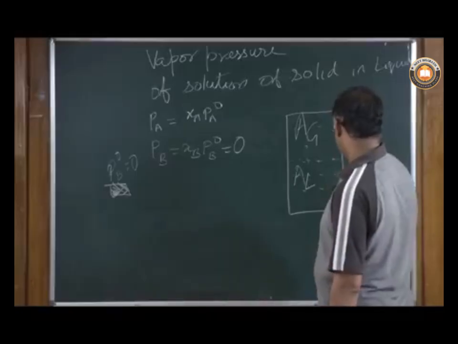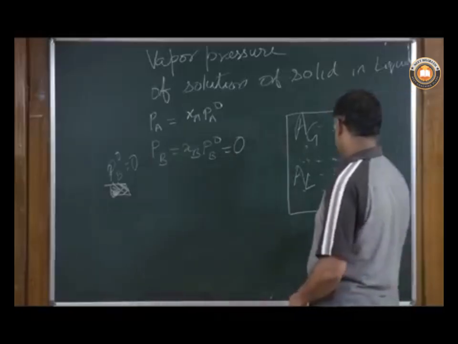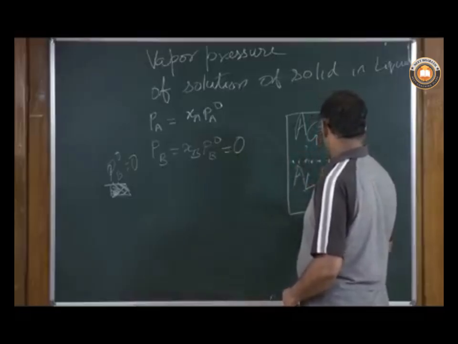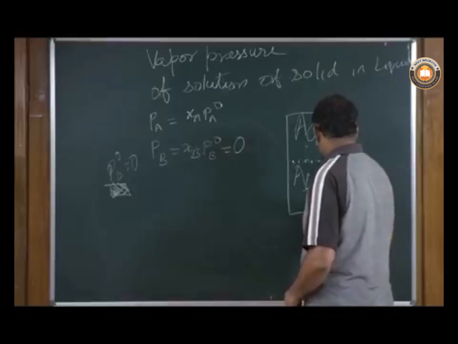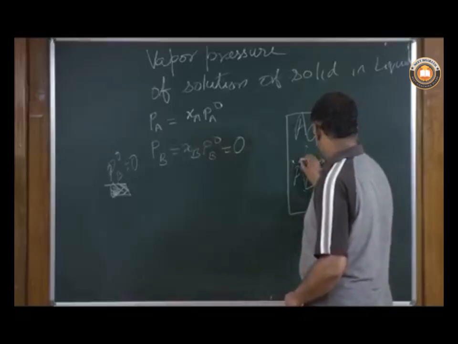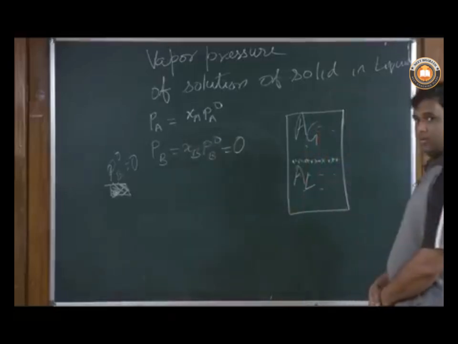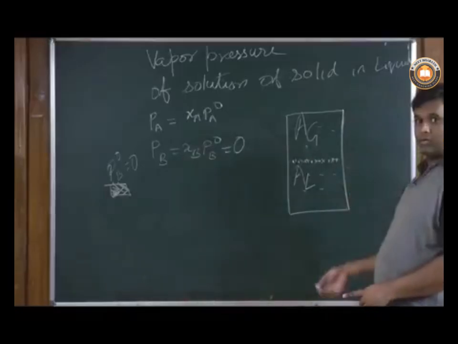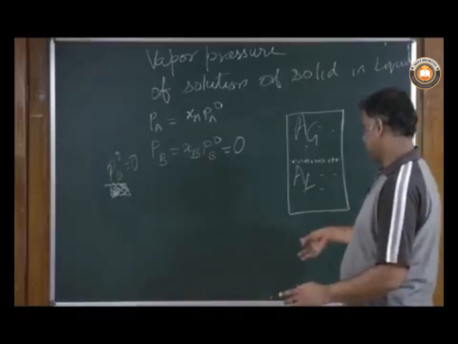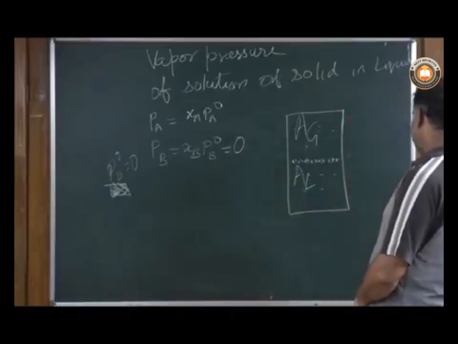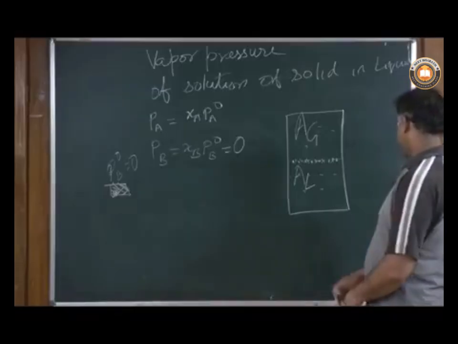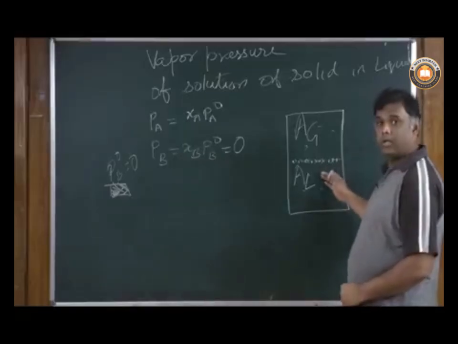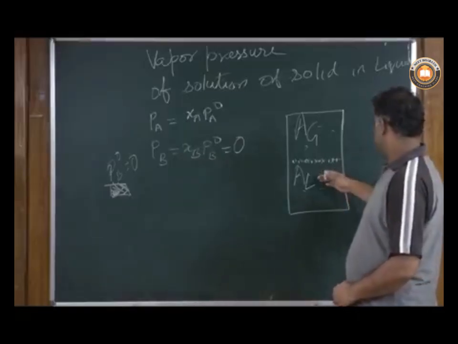Now, if I add a solute to this, what is happening? There are some molecules of the solvent and there are some molecules of solute. So, the concentration of solvent molecules at the surface has decreased. Of course, the solute is not going to evaporate, that is what we have considered, these are not volatile at all. That is the assumption here, which is true in most cases, but the solvent is going to evaporate, but there is a lesser number of solvent molecules at the surface.